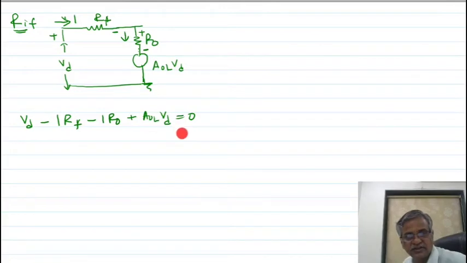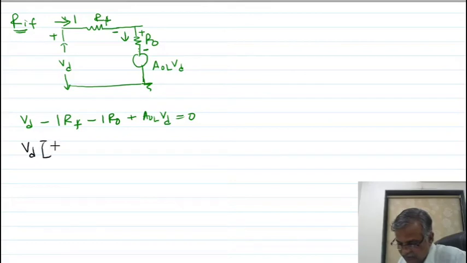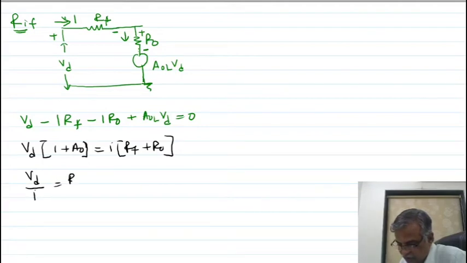So I have written AOL VD. So I can write VD into bracket 1 plus AOL equals I into RF plus RO. So VD upon current is your input resistance, and it is given by RF plus RO upon 1 plus AOL.